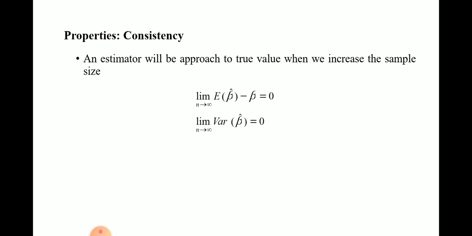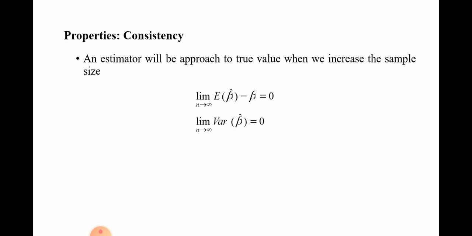Under the assumptions A1 to A8, that means if all the assumptions of OLS are satisfied, then the estimators obtained will be best linear unbiased. Best means unbiasedness plus minimum variance. If both are satisfied, then we call it best. So best linear unbiased is what we call the Gauss-Markov theorem, or properties of OLS, or BLUE.